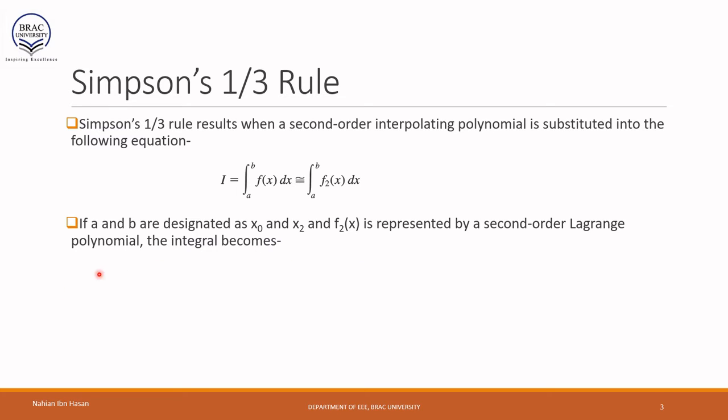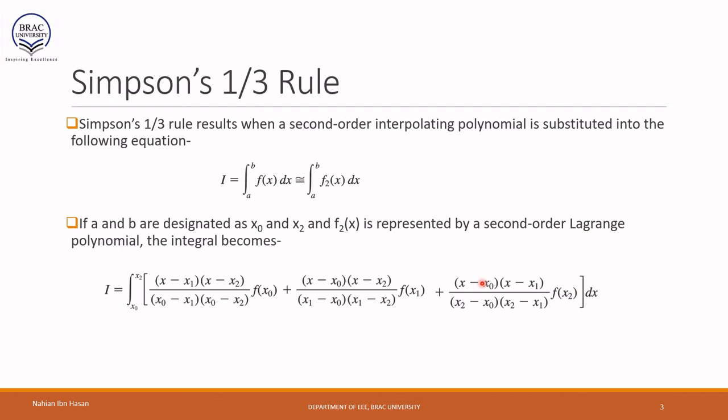The second order Lagrange polynomial is a very basic function which is used in interpolation or integration, and it can be easily represented like this. This is the second order Lagrange polynomial equation. You already know how this equation was formed and the pattern within it, so please go through the details of Lagrange polynomial interpolation in the last segment.